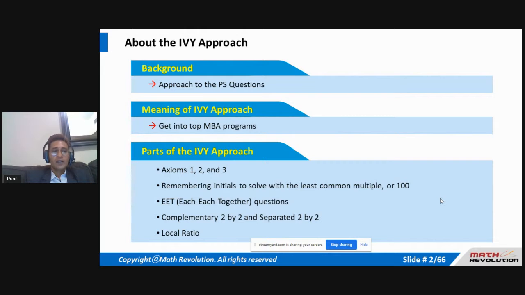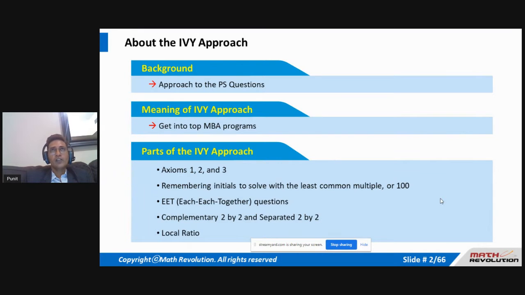This is something I just want to brief you about, like what we are discussing today. There are a couple of jargons that we use, so I don't want you to get confused. I'll be talking about some axioms. Axioms are algebraic forms which are devised so that they can be applied. I'll be talking about how to solve a question by taking an LCM or attaching 100 or initials.